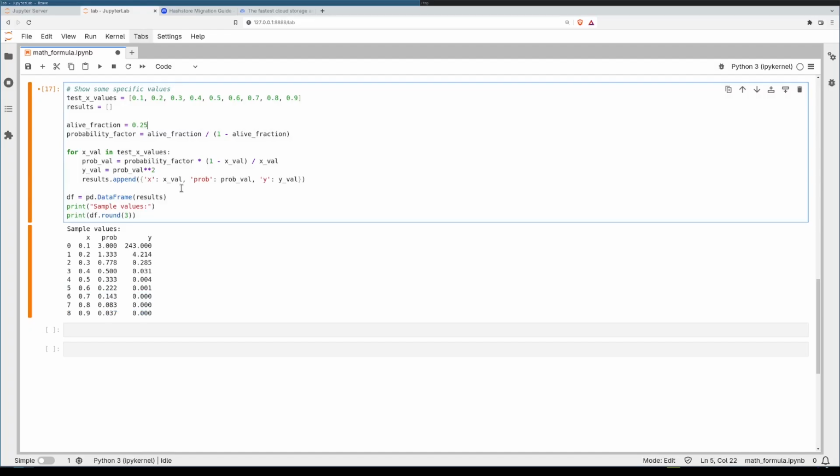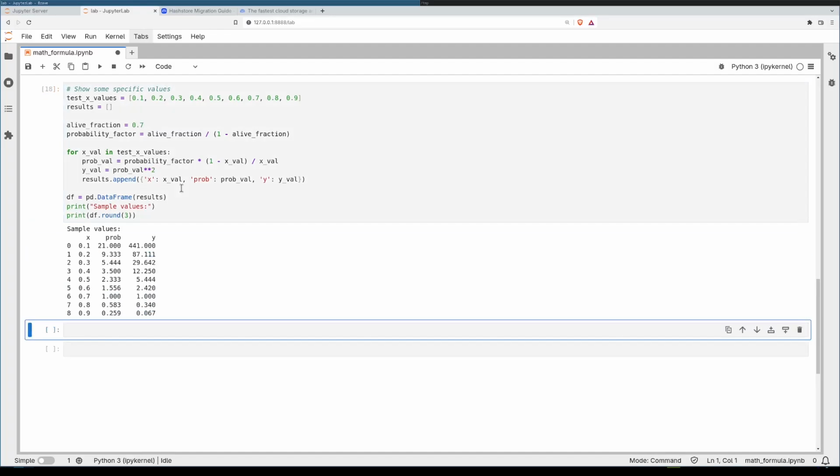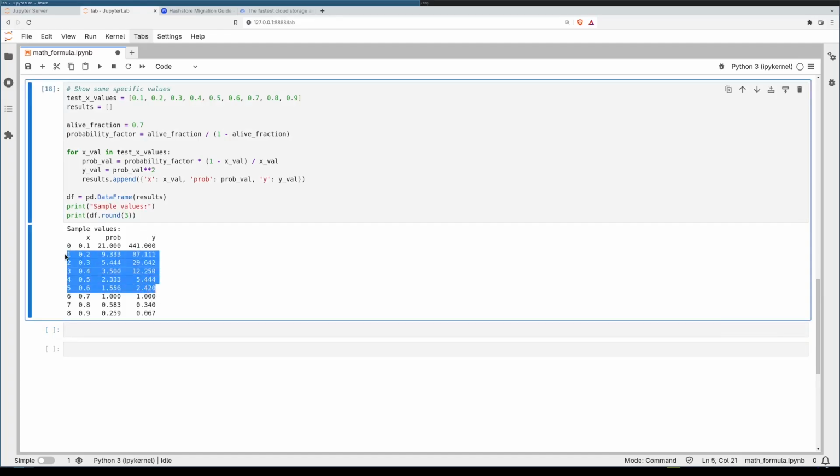Okay, if you increase the fraction to 0.7, then you can see that more log files will be compacted with 100% chance, and even for these we have a pretty high chance.